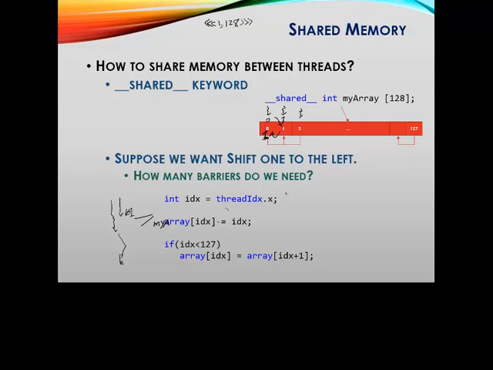Notice here my thread number 0, or thread number i, is looking at the element at location i plus 1 and storing it in element i, where the element at location i plus 1 is bound to thread i plus 1.